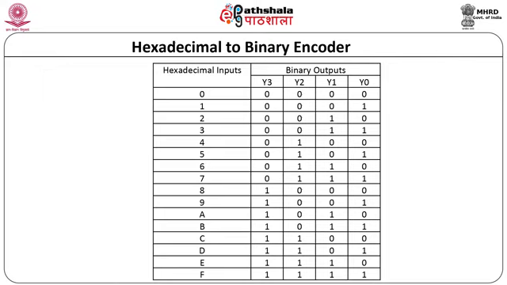The logic diagram for hexadecimal to binary encoder can be developed on similar lines of decimal to BCD encoder. The only thing is that this encoder will have 16 input lines. The truth table for the same encoder can be prepared by simply writing the 4-bit binary code for each activated hexadecimal input as shown in the table.